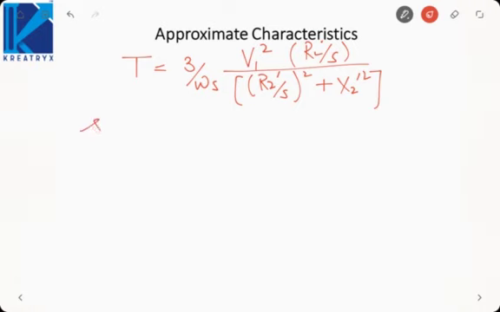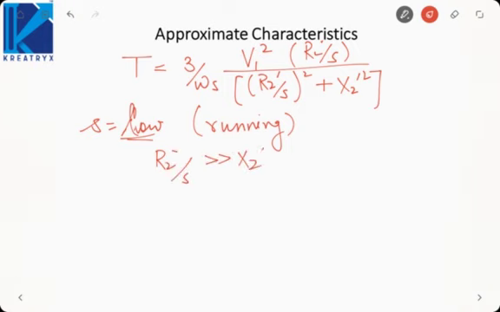Now let us consider the case when slip is low. That means the motor is under running condition. When the motor is running at full load or at no load, the speed is closer to the synchronous speed and thus the slip is low. So in that case, r2 dash by s is much greater than x2 dash.